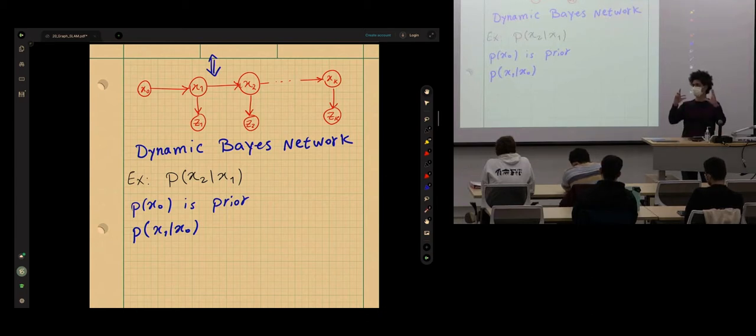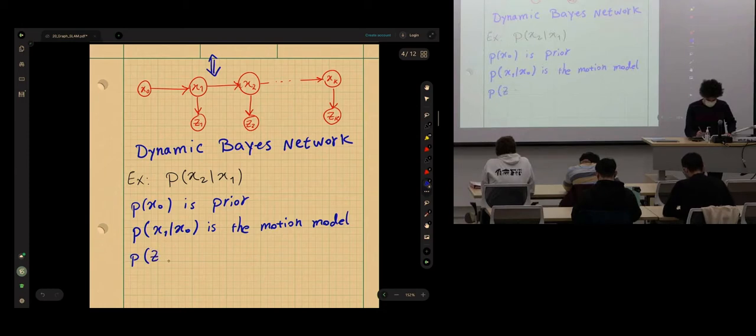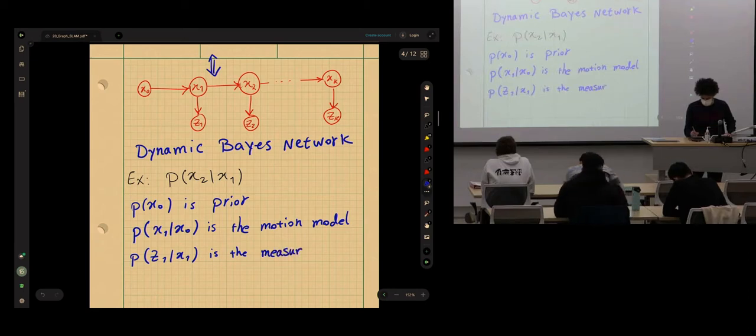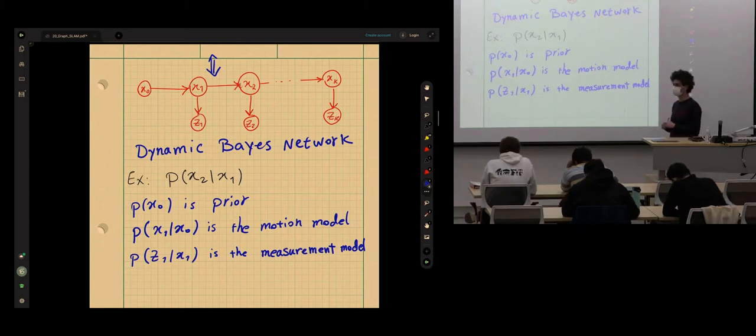The image clearly depends on where the camera is oriented at that particular time. Okay, so these are some examples of terms we can read from the graph.